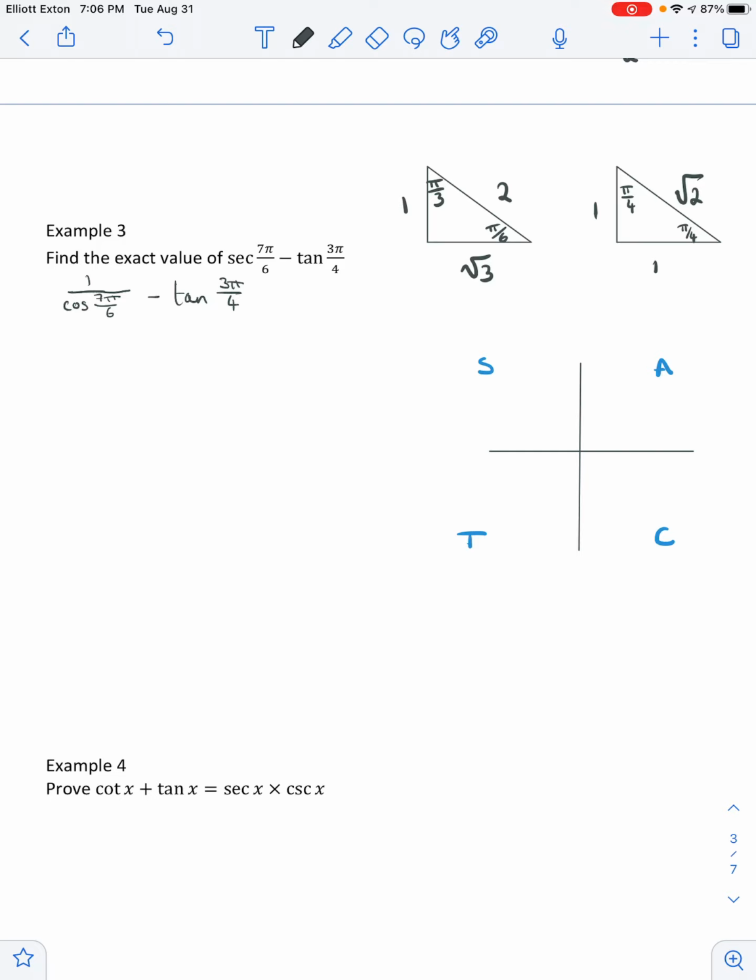So the relative acute angle of 7 pi over 6, remember that the relative acute angle always comes from the denominator. So the relative acute angle for 7 pi over 6 is pi over 6. And the RAA for 3 pi over 4 is pi over 4.